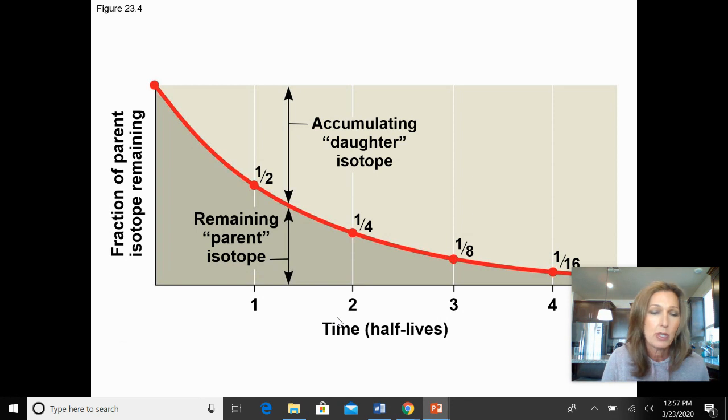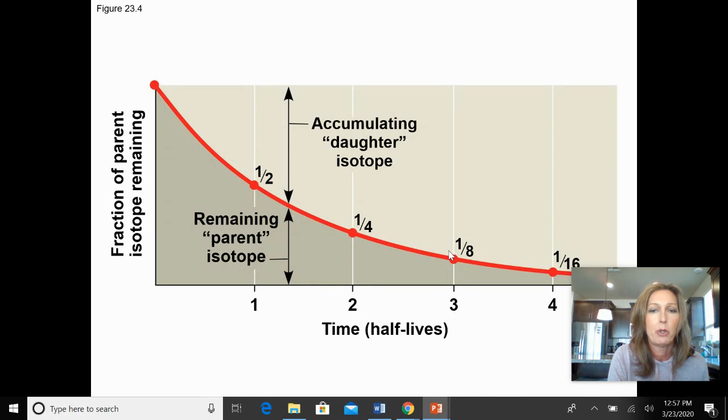So how you would use this is, if I told you that I had found a particular isotope with a half-life of 1 million years, and I have determined I have 1/8 of the parent isotope left, that tells me I've gone through three half-lives and that this particular fossil is 3 million years old.